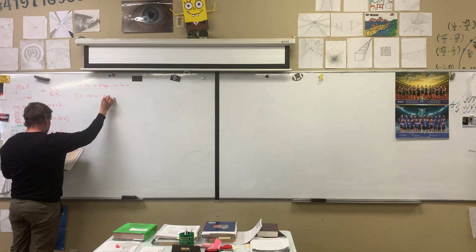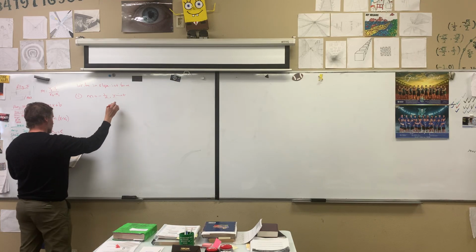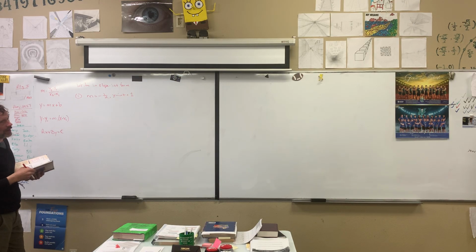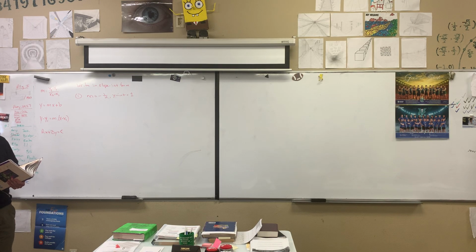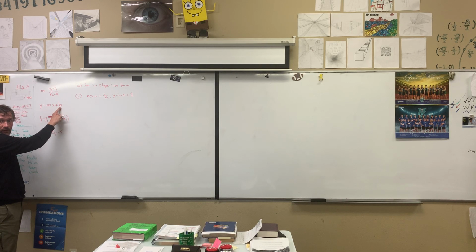Nice and gentle information for this first one. They say, hey, here's your slope, here's your y-intercept. It's really nice. If you have a slope and you have a y-intercept, it would make the absolute most sense to plug into the slope-intercept form, because that entails having a slope and the b value is your y-intercept.